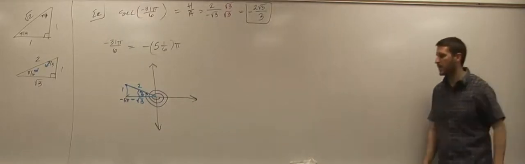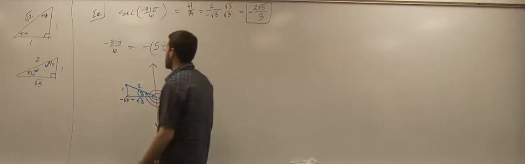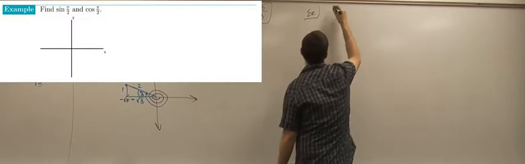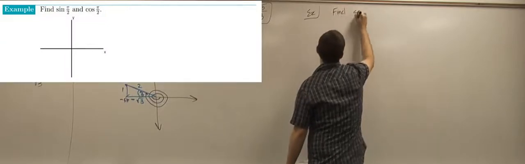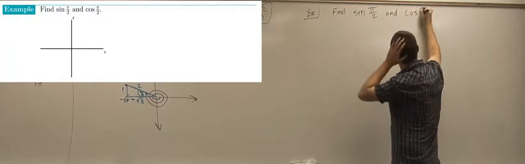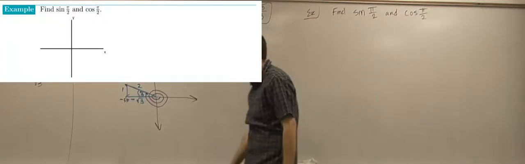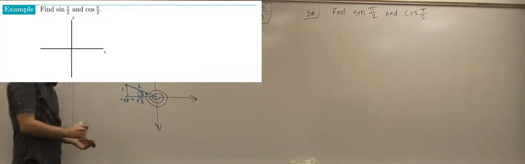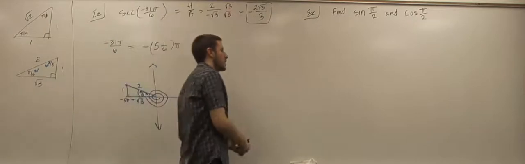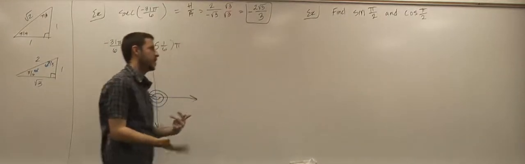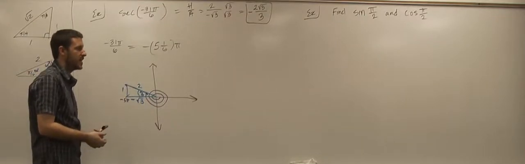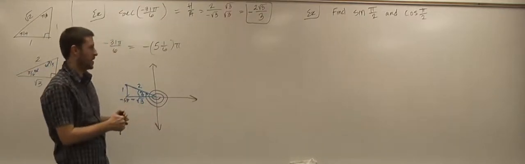Okay, so let's talk about when you land on an axis. So let's find sine of pi over 2 and cosine of pi over 2. You remember, the way our definitions work for angles that were 90 or bigger, for non-acute angles, the definitions were all set up with a point.